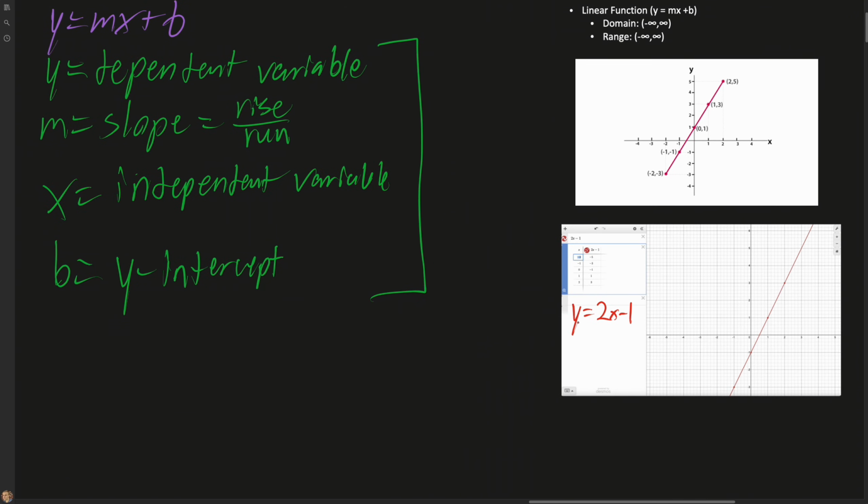So we notice that we have y, our dependent variable. We have our slope, m, as noted, and m is going to be considered 2. And then we have x as the independent variable. It's just meshed in with 2 over here, and it's just held as a constant. And then meanwhile, the y-intercept, we note, is -1. So b is going to be equal to -1.